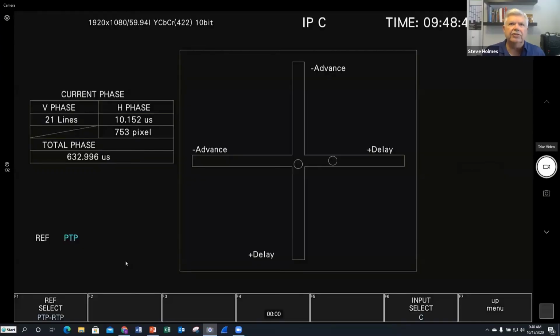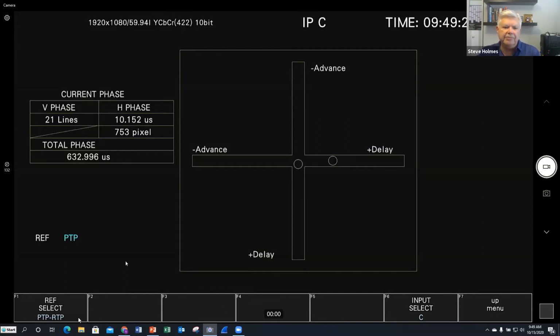And we can actually see right now that I am virtually exactly what I just saw, which was 21 lines out and 10.152 microseconds horizontally delayed, but they are absolutely perfectly still, which is telling me that my PTP and my video are absolutely locked to each other, and my video frame is staying exactly at the same place relative to PTP.